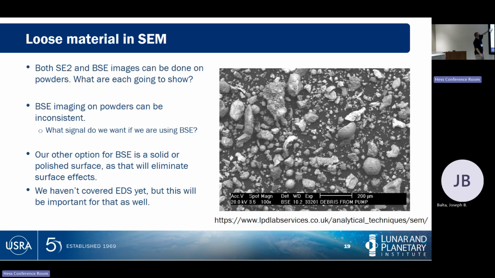BSE imaging on powders is doable, but it is also tough because we have two signals that are trying to show up. One of which is this material and this material are probably different. One of which is this material and this material are probably the exact same material, but this one is angled so that it's giving a stronger signal to where our detector is.